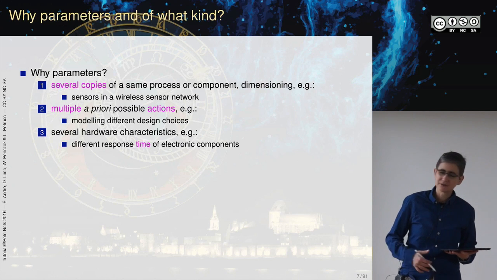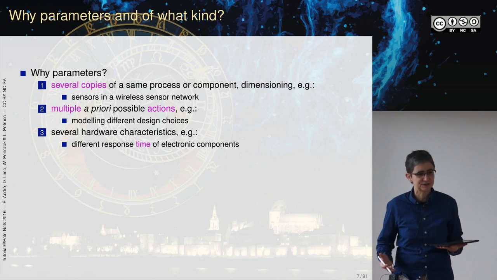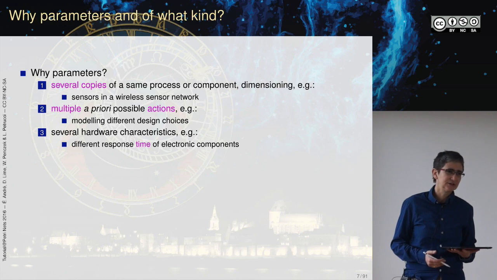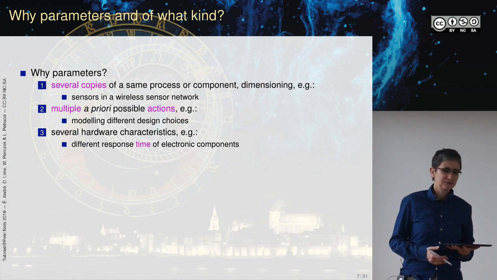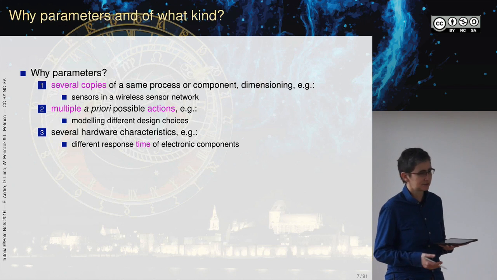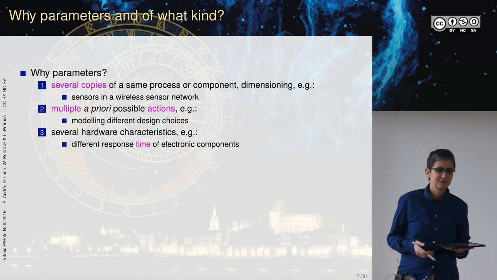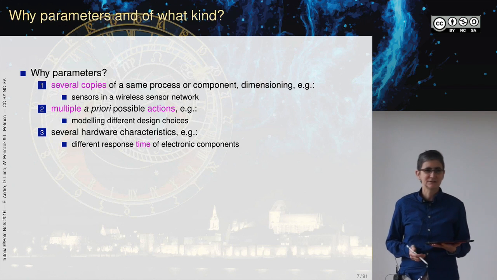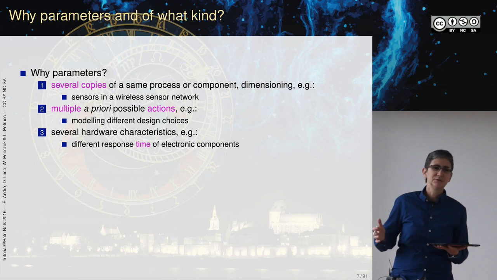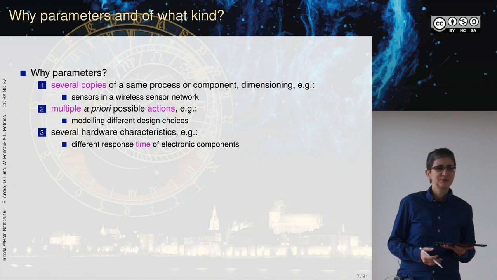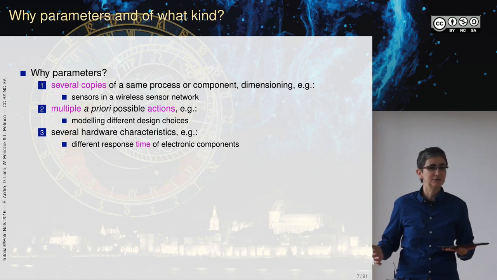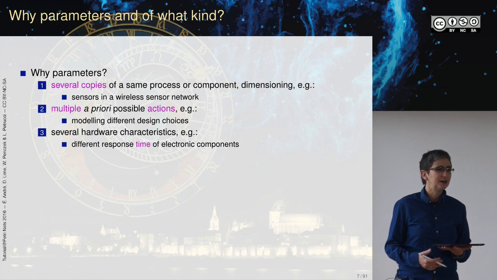So maybe you have several copies of a same process or a same component in your system, and you want to do some dimensioning. So for example, if you have sensors in a wireless sensor network, maybe you want to have 10 sensors, but there would be another case where you have 100 sensors. And they behave similarly.